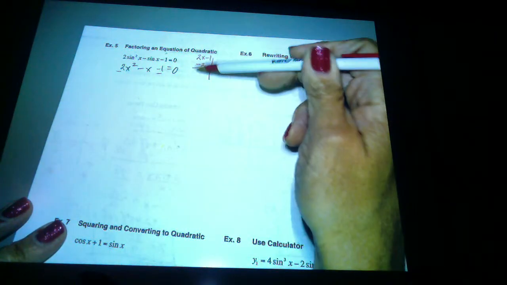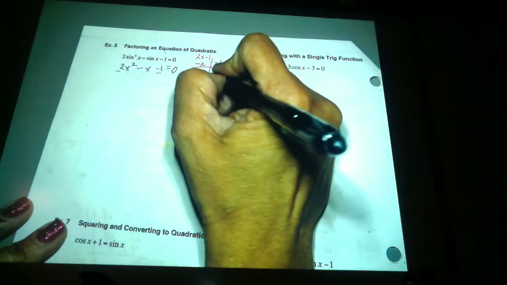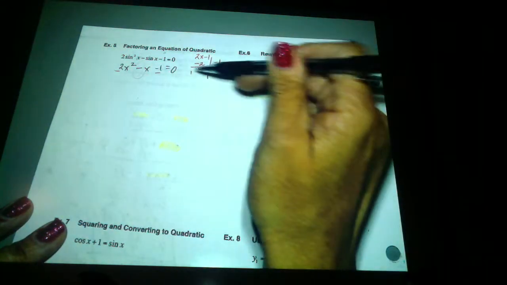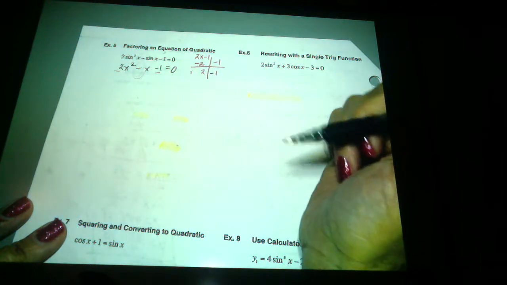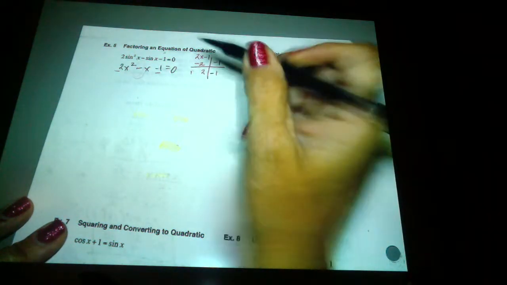Because your product is negative, we're going to subtract the factors of 2. I'm looking for a middle term that's -1. There's only one set of factors for 2, 1 and 2. Fortunately, they do subtract, give us 1. We want -1. So what are the signs over here? Yeah, +1 and -2.